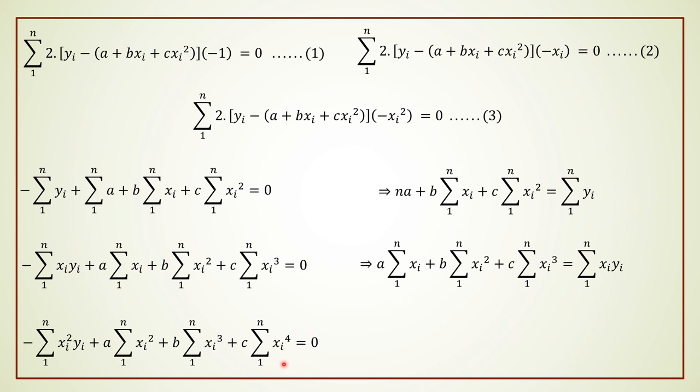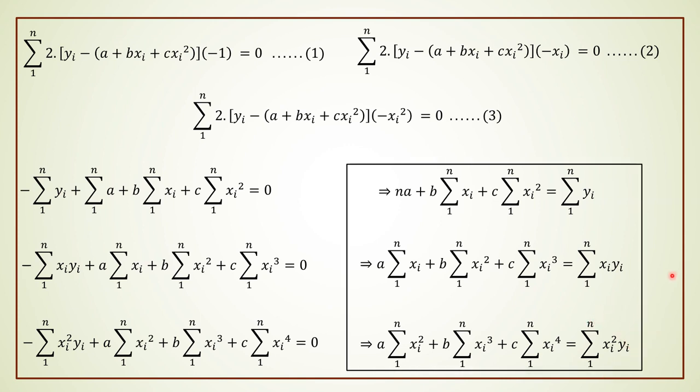Now just rearrange the terms, so you have the equation to be a into summation xi², i varying from 1 to n, plus b into summation xi³ plus c into summation xi⁴, that is equal to summation of xi² into yi, where i varies from 1 to n.